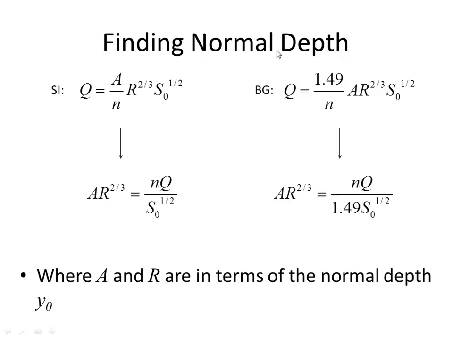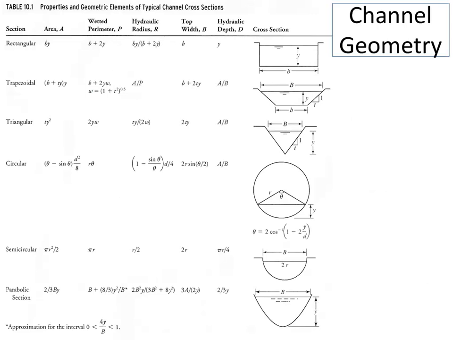If we rearrange for what we typically will be given, like a flow rate, an N value, which characterizes the roughness, and a channel slope S, what's now left on the left-hand side are the geometric parameters for the channel that will have depth, Y, as an unknown. So if we move everything that's a numerical parameter to the right-hand side, then what's on the left-hand side is some unknown depth Y.